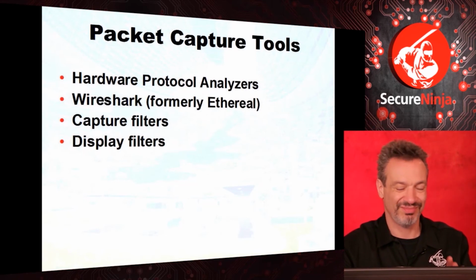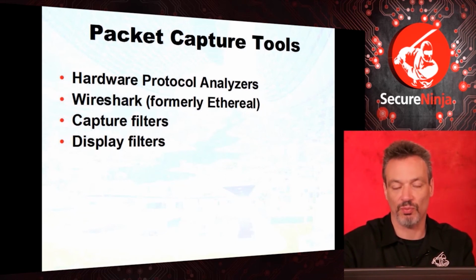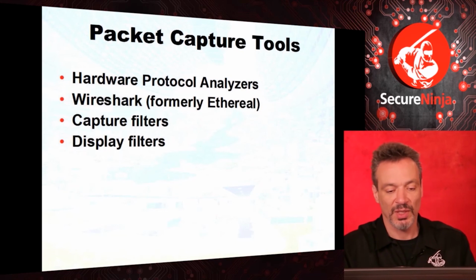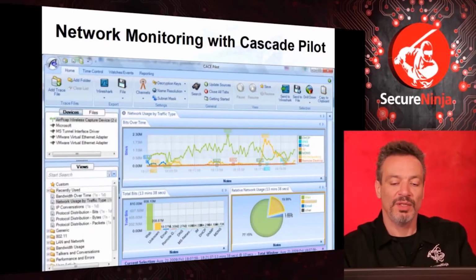Display filters, that's probably a lot more useful. I have a big capture, now just show me IP, just show me ICMP, show me the DHCP. And the 3 filters you'll need to know probably are IP source, IP dest, and IP addr, and these will help me pick out a particular IP address depending on source, destination, or in either direction. All right. This is an aggregator tool.